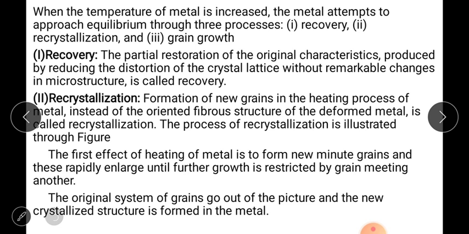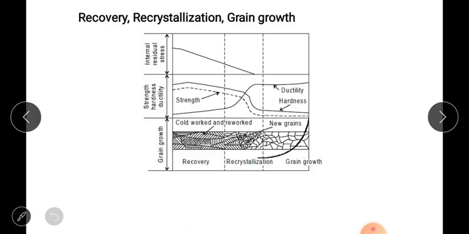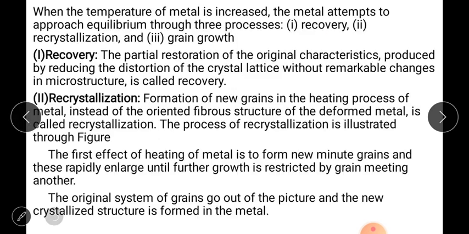Okay, and the process of recrystallization is illustrated through the figure. In this figure, you can observe the recrystallization region. The first effect of heating of metal is to form new minute grains, and these rapidly enlarge until further growth is restricted by the grains meeting.